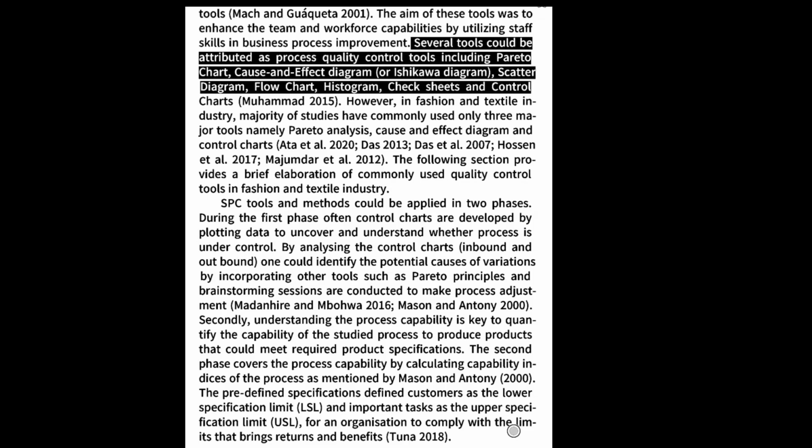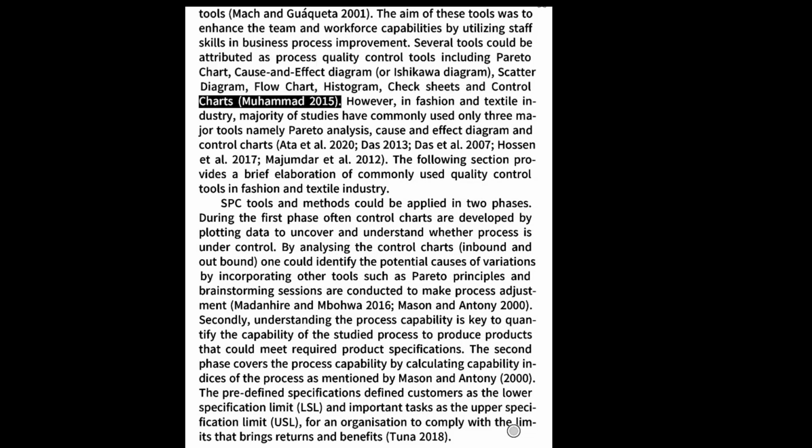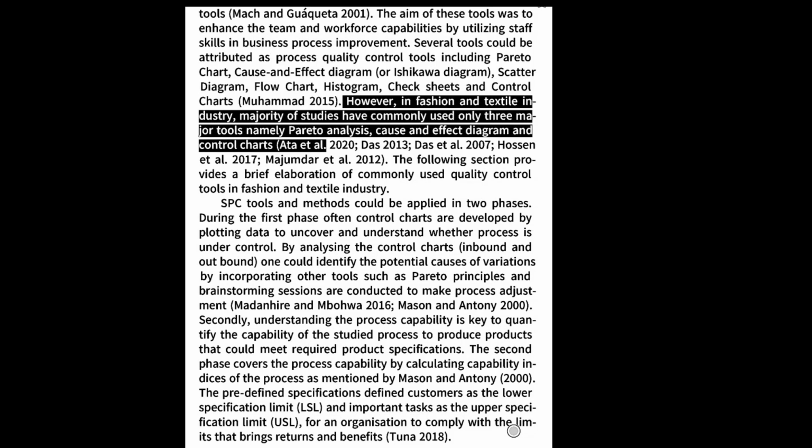Several tools could be attributed as process quality control, including Pareto chart, cause and effect diagram, or Ishikawa diagram, scatter diagram, flow chart, histogram, check sheets and control chart, Muhammad 2015. However, in the fashion and textile industry, the majority of studies have commonly used only 3 major tools, namely Pareto analysis, cause and effect diagram and control charts. Oda et al.